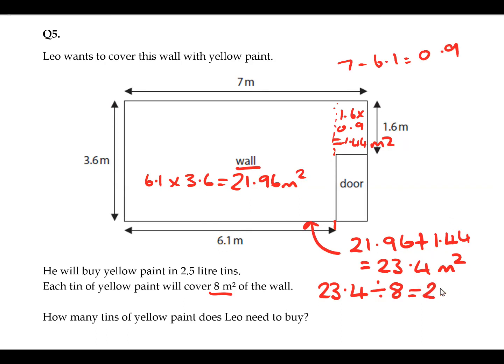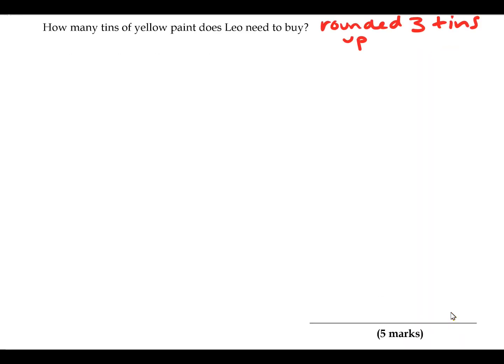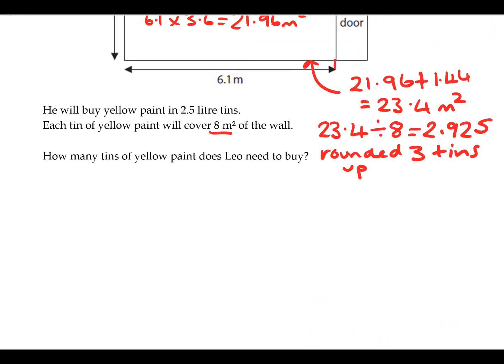And our calculator shows us 2.925. So we need to round this up to 3 tins of paint to make sure we've got enough. If we round it down, we won't have enough to paint the wall. So for 5 marks, on the answer line you write 3 tins, and all the evidence for the conclusion of 3 tins is your working out up here.